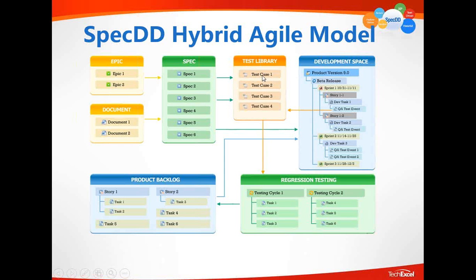That's why test case 1, 2 represent the testing standard for a requirement feature spec 1, and can be used to create subtasks for a development task to represent the testing effort needed to assure the development task gets finished with quality control.